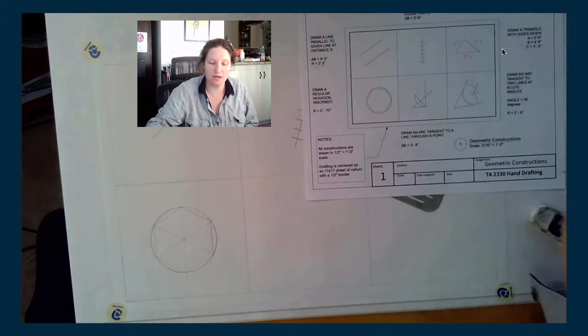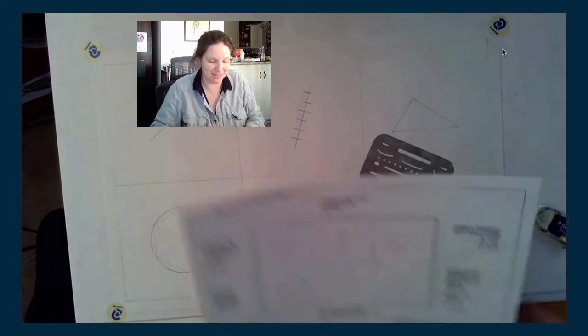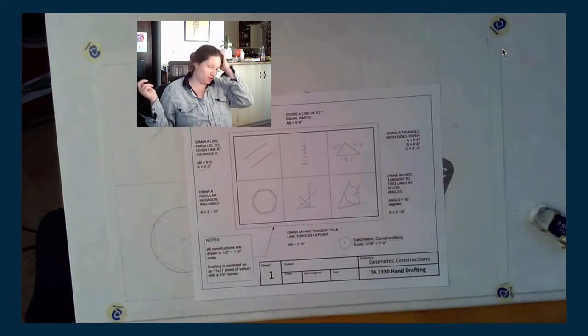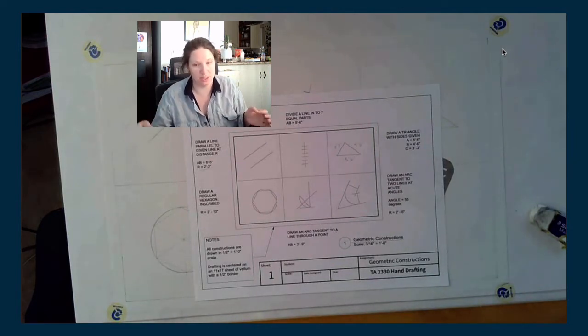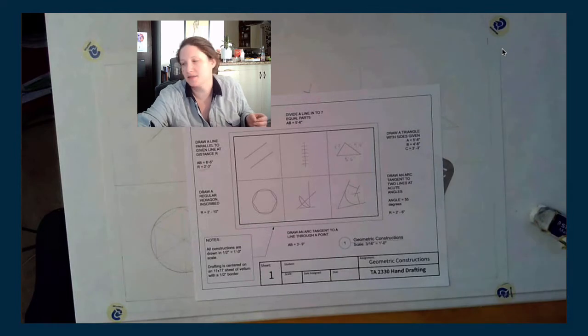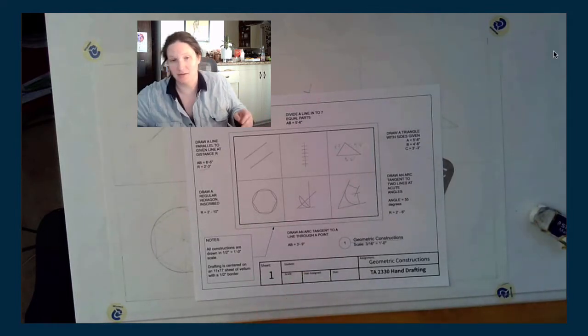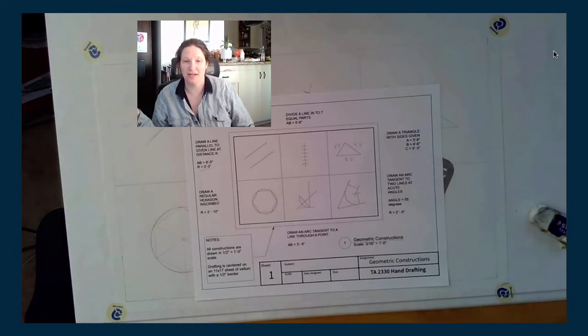Draw an arc tangent to a line through a point. This one is tricky, right? So what you're actually going to end up with, I left some of these construction lines in this drawing so it would be clear to you what you were getting, right? But what I'm actually looking for as the final drawing is just the arc and the line that it's tangent to, as well as the point.